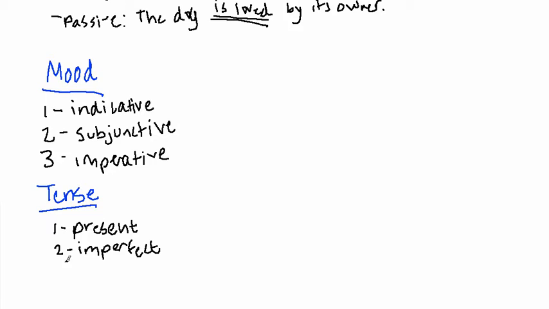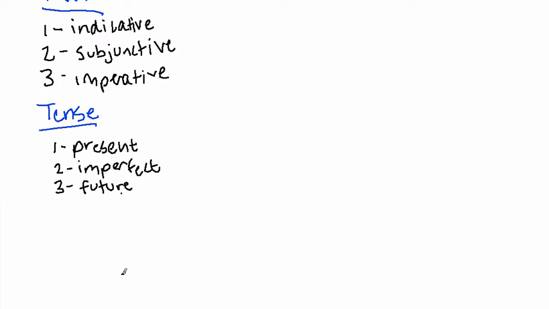You'll understand more later when we cover it more in depth. There's future, which obviously has not happened yet and will happen in the future. The fourth is perfect, which happened in the past. The fifth is pluperfect. And finally, you have your future perfect.